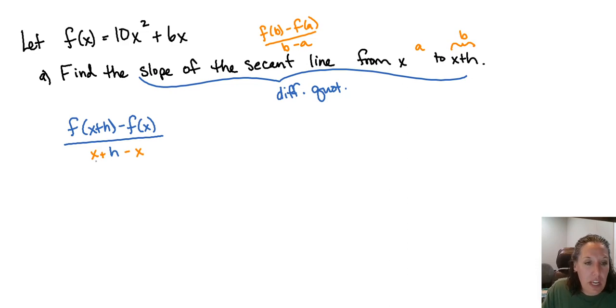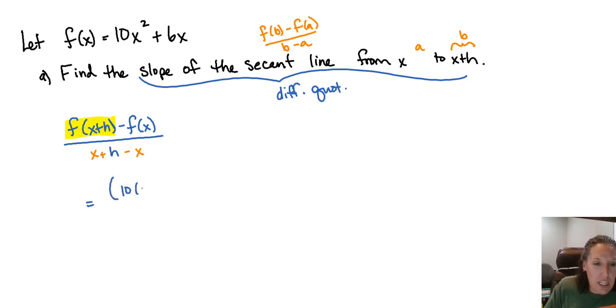And we'll see in the denominator the positive x and the negative x are going to cancel out. So if we plug in to our function here, our f of x plus h, so I'm just looking at this part right here, is going to be when we plug in x plus h everywhere we see an x in our function.